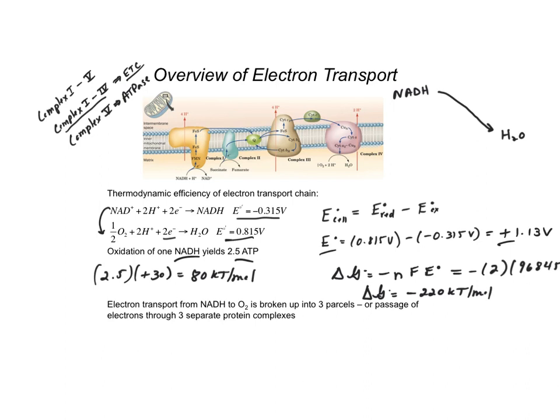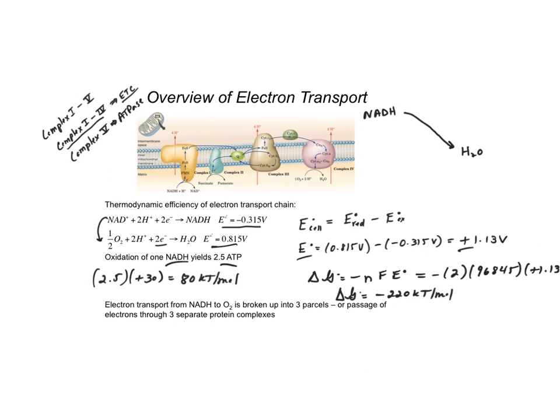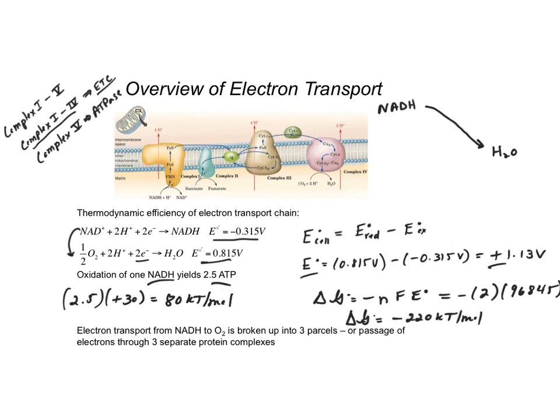No. And so we waste a lot of energy in this process, but that's okay because it makes the reaction completely irreversible. You're never going to see ATP go back through ATP synthase and do the reverse of this. That's what I'm trying to get at. So again, we waste lots of energy in this, but we do it for a good cause: to make sure that this is an irreversible process.